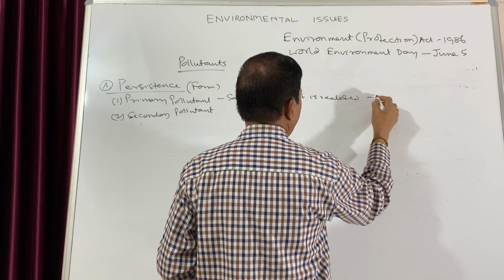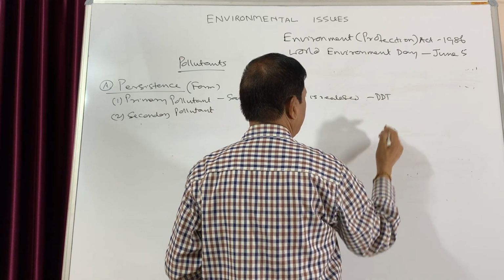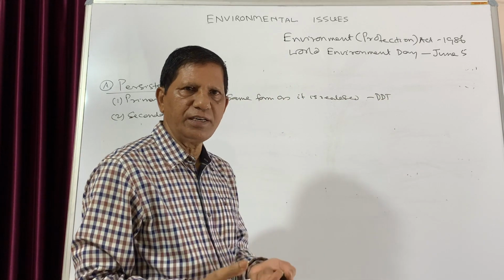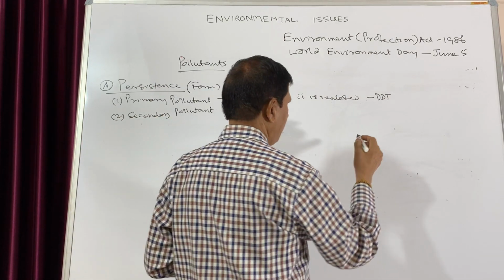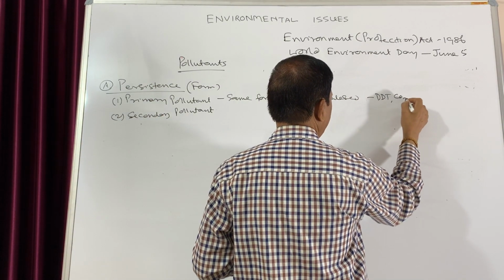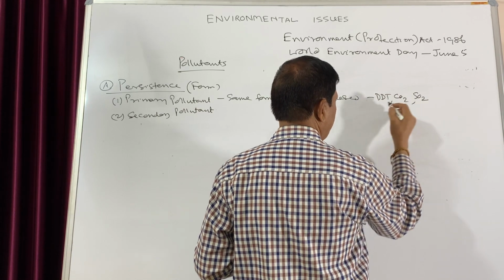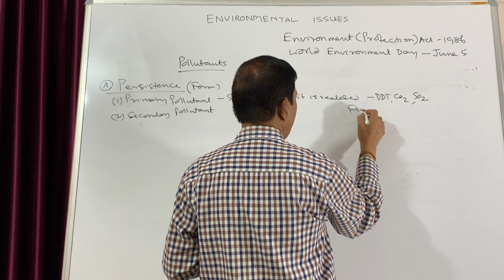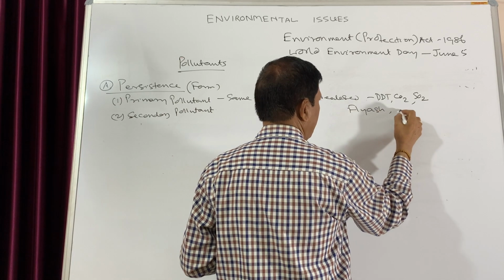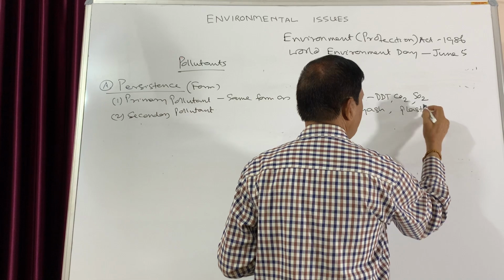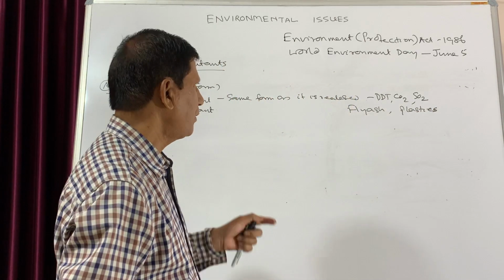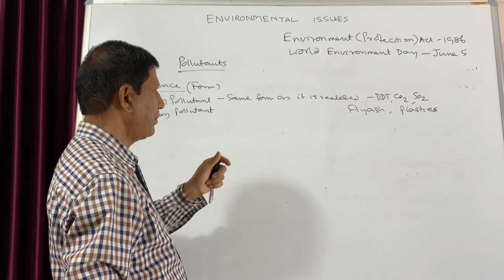Common examples you can take are DDT. That means if you apply DDT to the atmosphere, it will be present in the same form without any change. Then you can take carbon dioxide, sulfur dioxide, fly ash, and plastics. They remain as such without any change. So these are known as the primary pollutants.